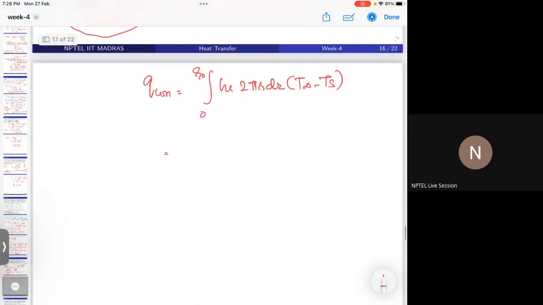So 2 pi is constant, T infinity minus Ts is constant, times integral 0 to r naught of (a plus b r raised to n) dr into r. Sorry, one r is also there: a r plus b r raised to n plus 1 times dr.